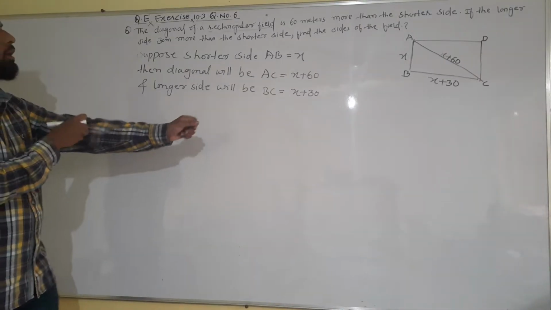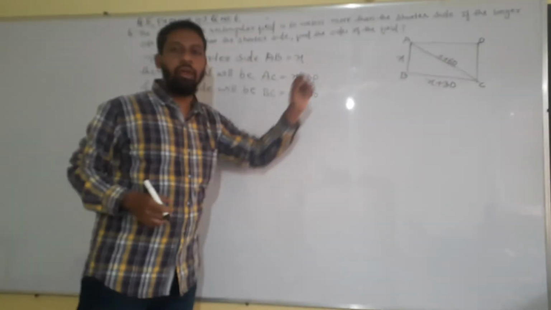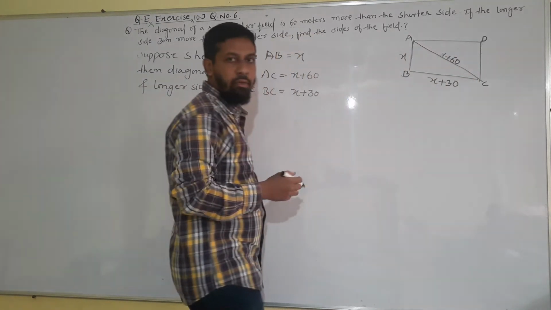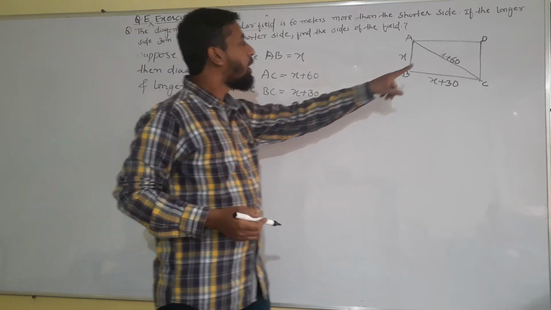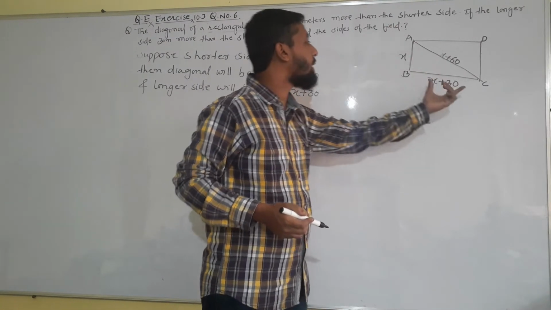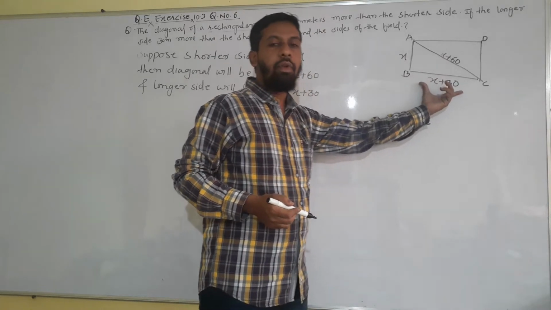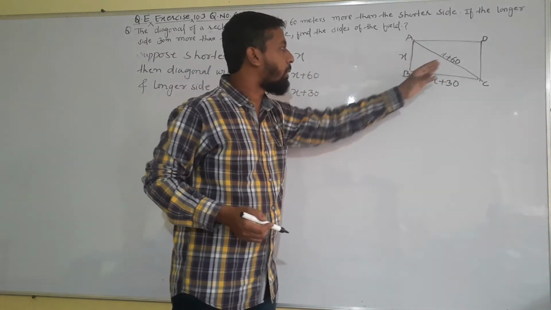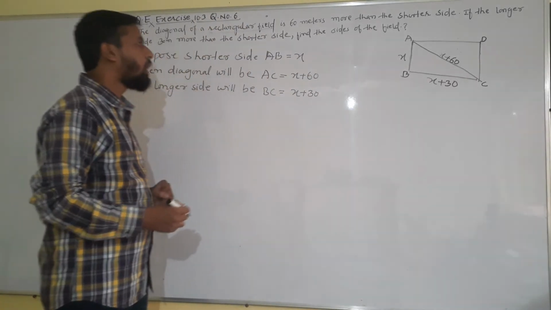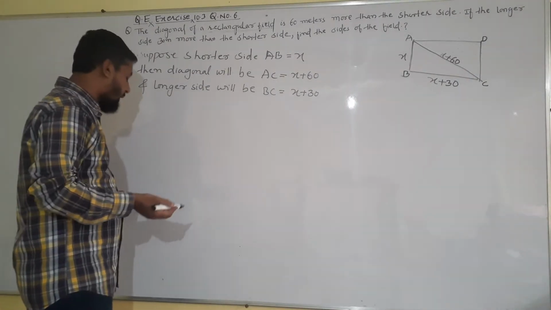Now what he is saying, find the sides of the field. If we have to find all the sides of the field, we can see the three sides. This is diagonal, this is shorter side and this is longer side. We have to find sides of the rectangular field. So how to find, that is important.